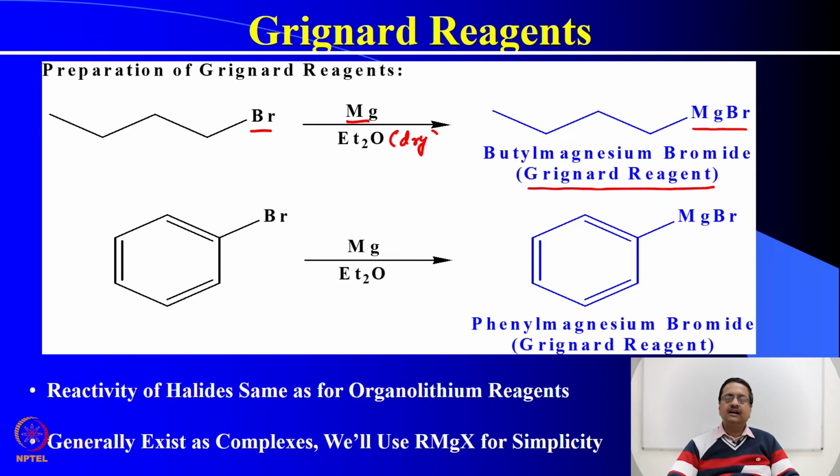This reagent is also highly moisture sensitive, so we should always use dry solvent to make this compound. So even with phenyl bromide or bromobenzene, you can generate phenyl magnesium bromide using the same reaction procedure. Again, the reactivity of these halides is the same as for organolithium compounds, that is RI is most reactive, and then RBr, and then RCl.